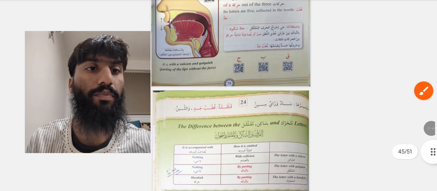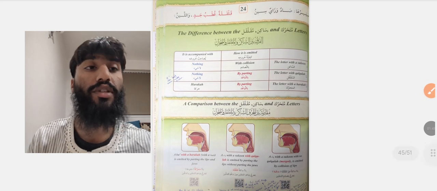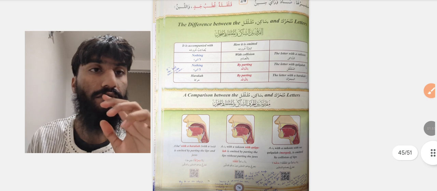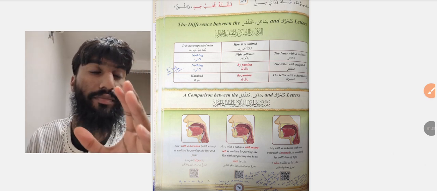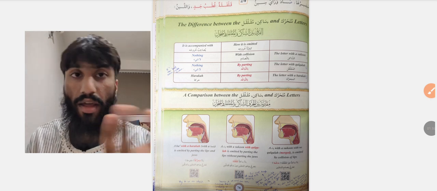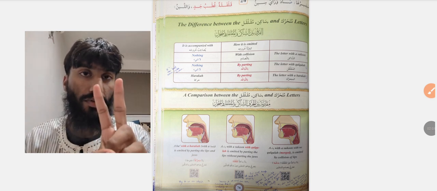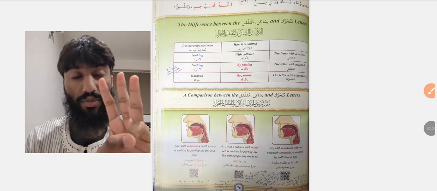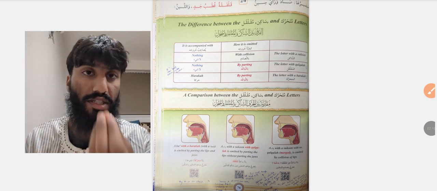So if you noticed, we said qalqala is emitted by separation. What is that similar to? Similar to harakat. If you remember, there's 3 ways that letters are emitted in the human speech system.